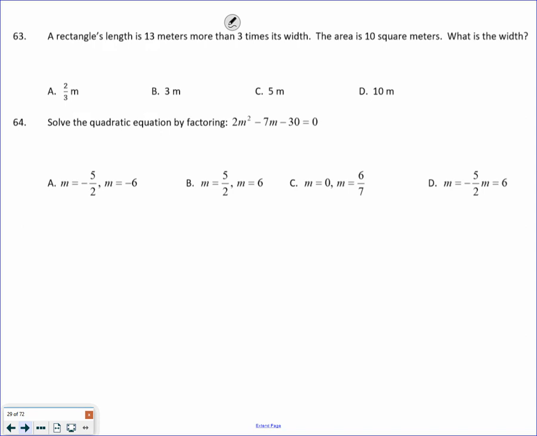Rectangle length is 13 more than 3 times the width, and the area is 10 square centimeters. All right, so the length is 13 more than 3 times the width. So I'm going to draw a little picture here. And so 13 more than 3 times the width, and then the width is just W, and the area is 10.